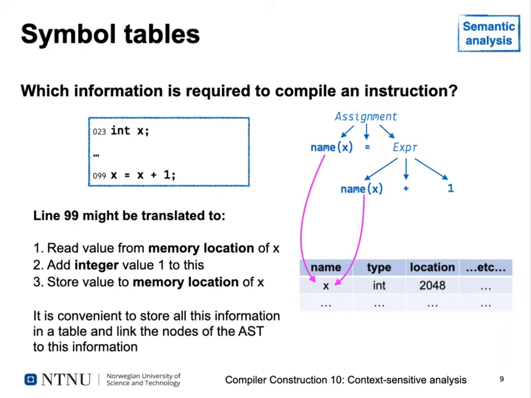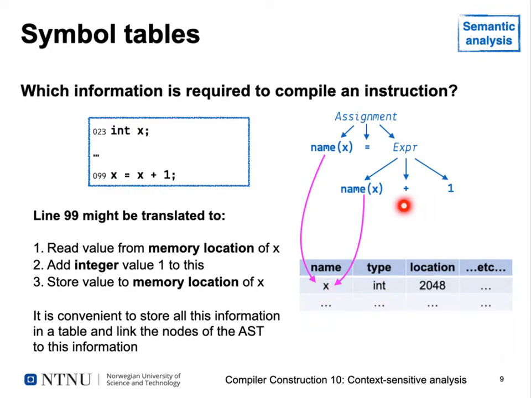And whenever we then compile our line 99 here, for every occurrence of our x, we can check our symbol table. So our expression here would first check our symbol table to see, is there actually an x? Yes, there is. Does the expression work? So here is a +1.